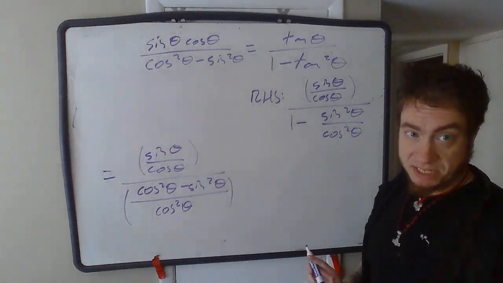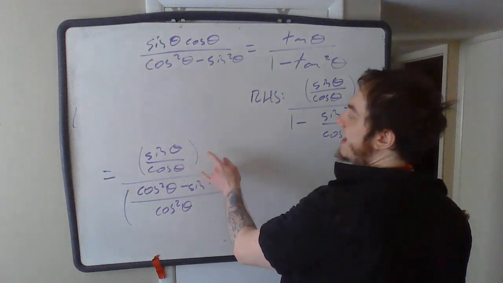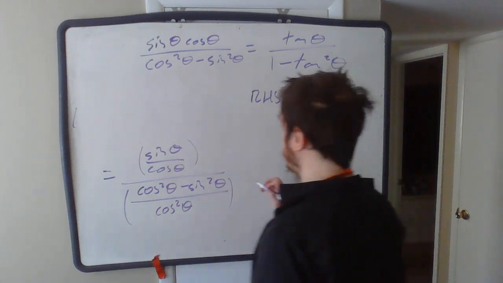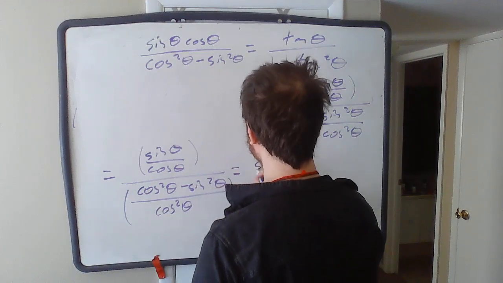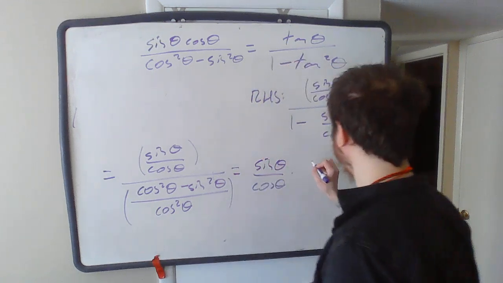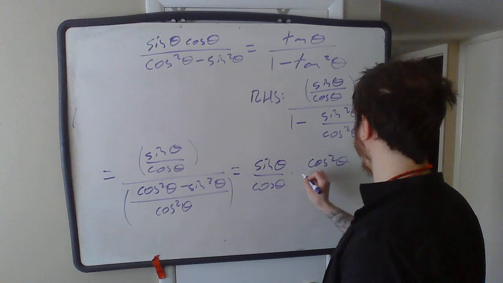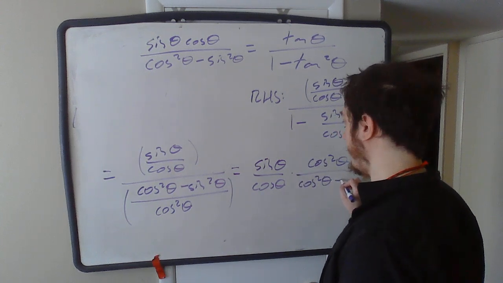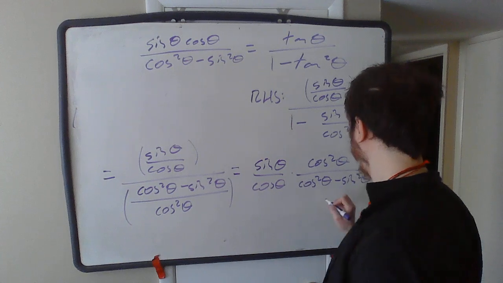Just like in the previous example, we can now say that dividing by this fraction is the same as multiplying by the reciprocal. So this is equal to sine theta over cosine theta times cosine squared theta divided by (cosine squared theta minus sine squared theta).